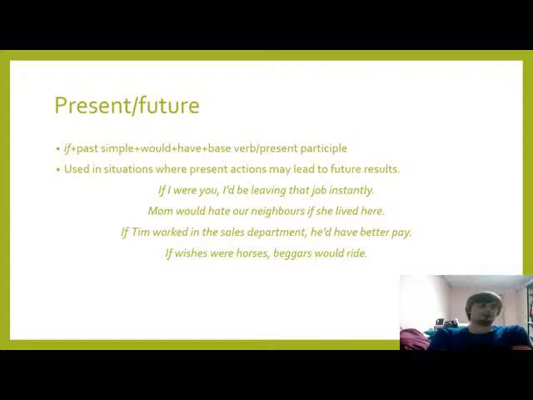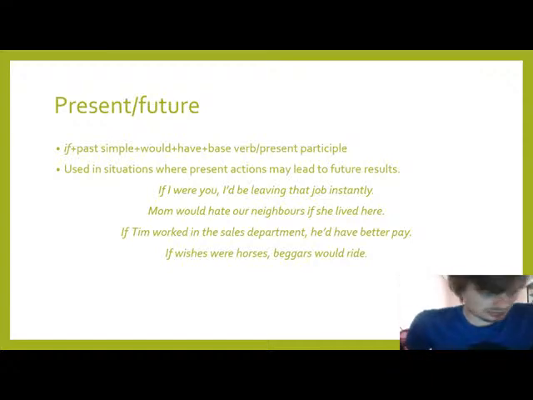So we're dealing with annoying neighbors in this situation, and we have a mother who cannot stand such people. And even though it's unlikely she would move in that house we have right now, she would find those people unlikable, if that makes sense.